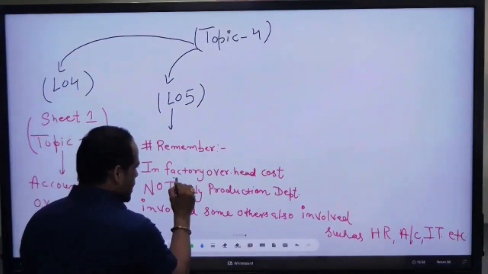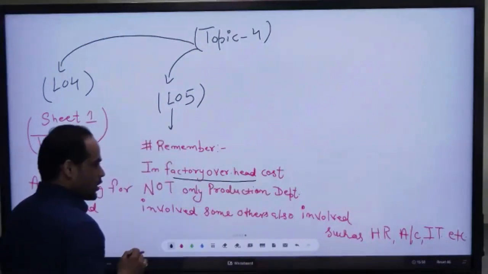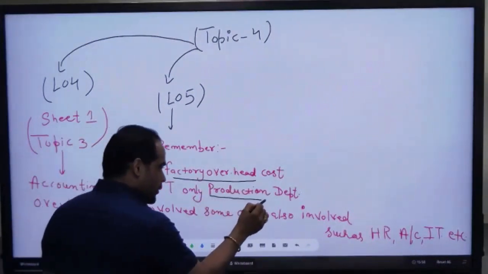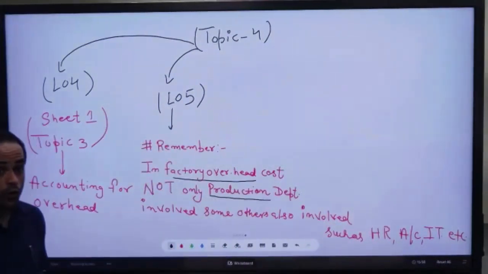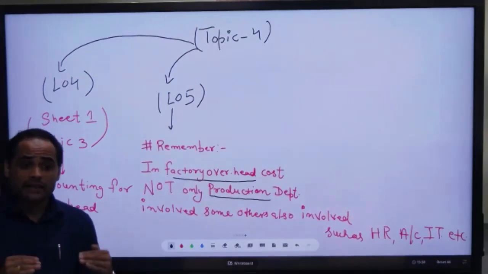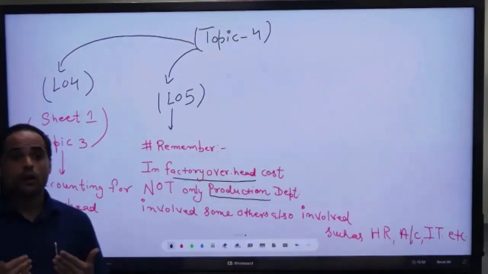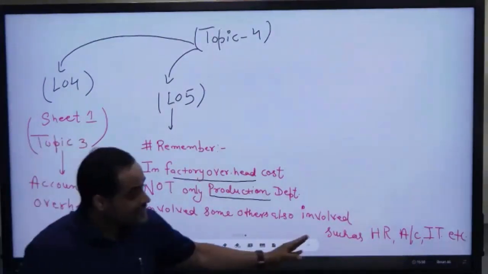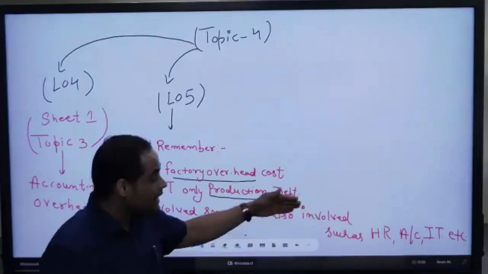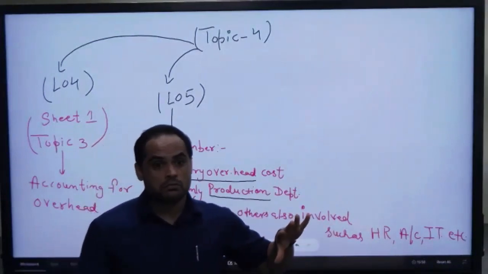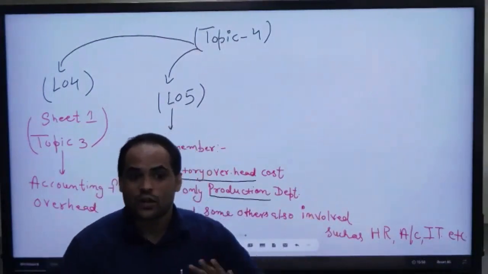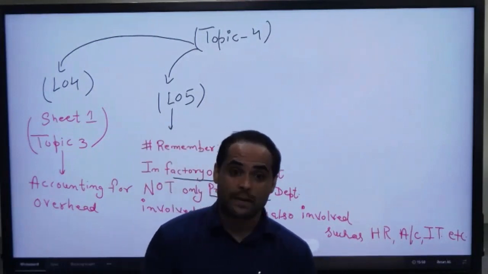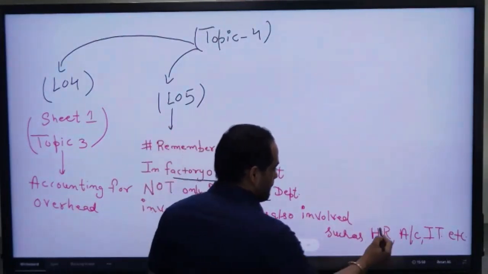So in factory overheads, not only the production department is involved, some other departments are also involved because they are providing service. And without these departments' involvement, production cannot be completed. For example, the human resource department.